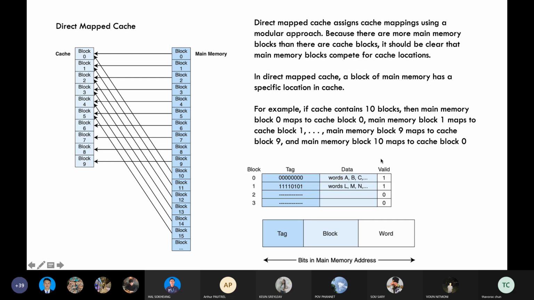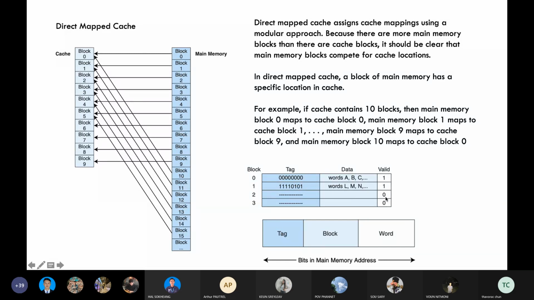And then it consists as well of the valid bit. The valid bit tells whether each block is valid or not. If the block has a valid bit of one, it means that the data inside is valid.